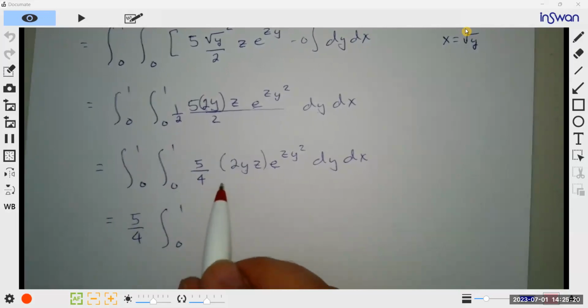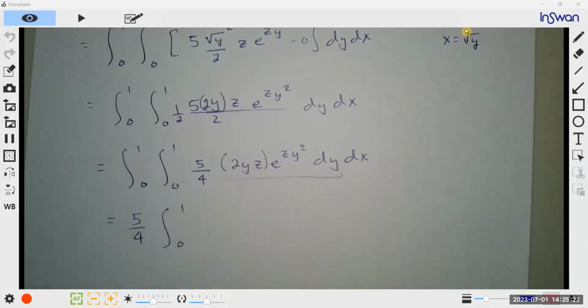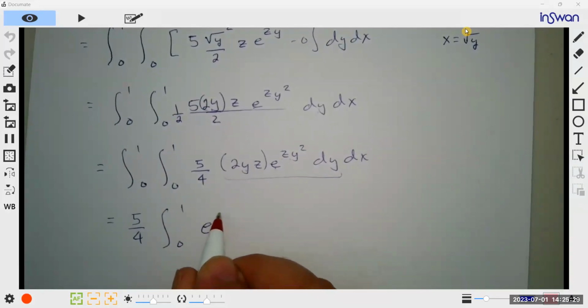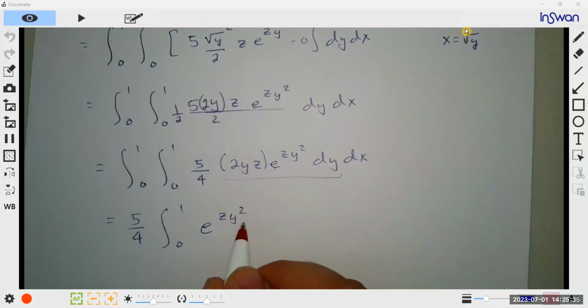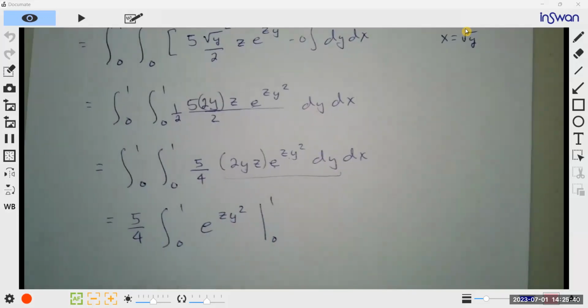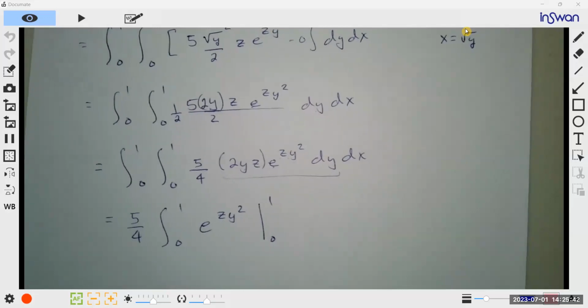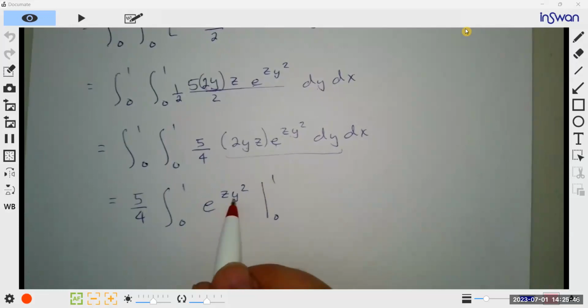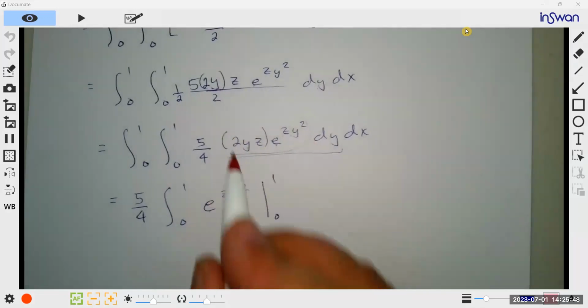Now we take the integral with respect to y, which is simply e to the z y squared, because the derivative of this gives us that.